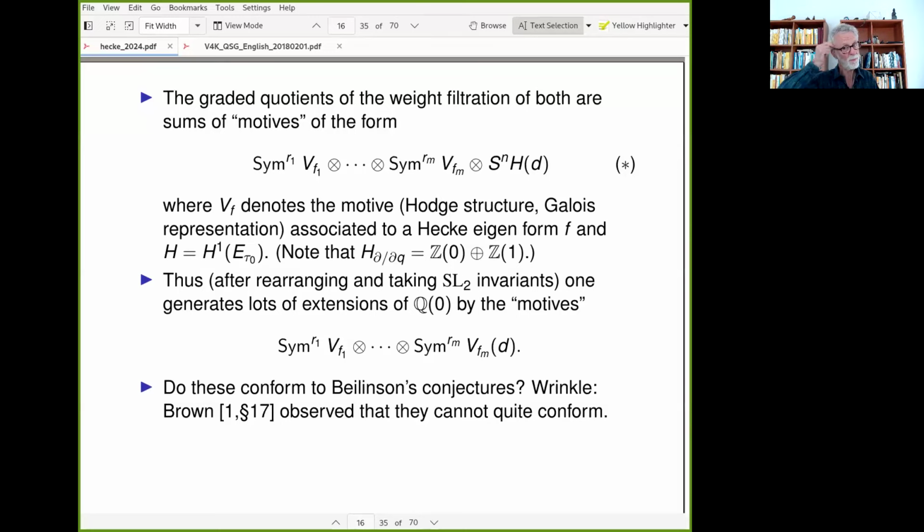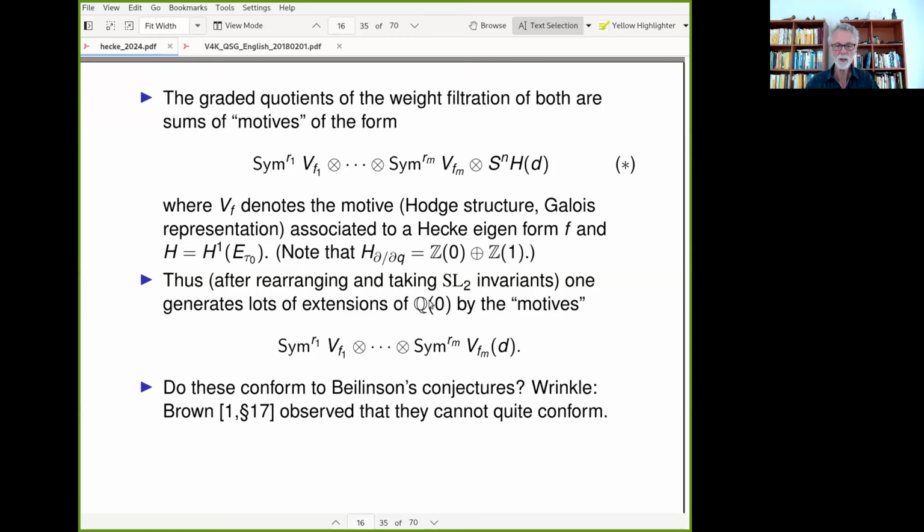His theorem in the Tate case says that the coordinate ring of the unipotent completion of pi1 of P1 minus 0, 1, and infinity with the correct base point generates the category of mixed Tate motives over Z, in other words, the mixed Tate motives with everywhere good reduction.